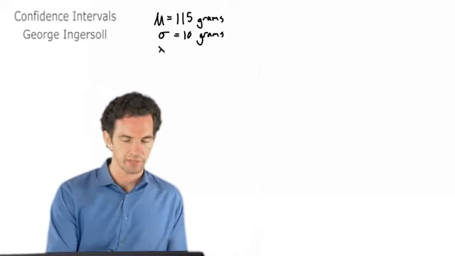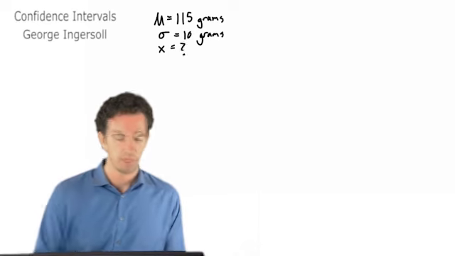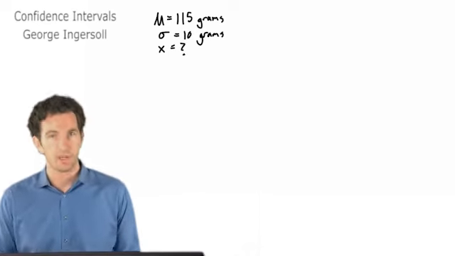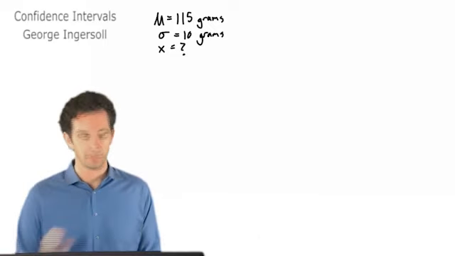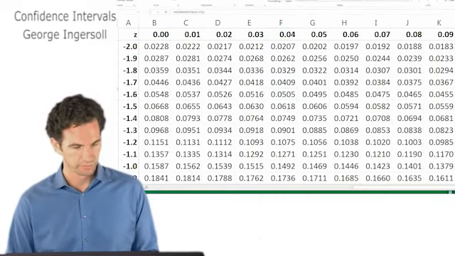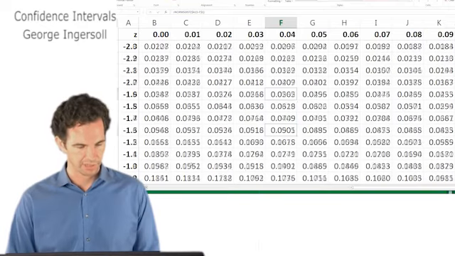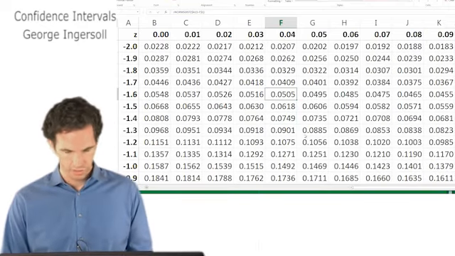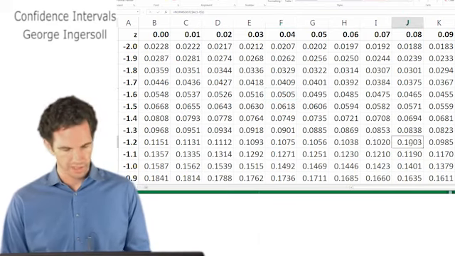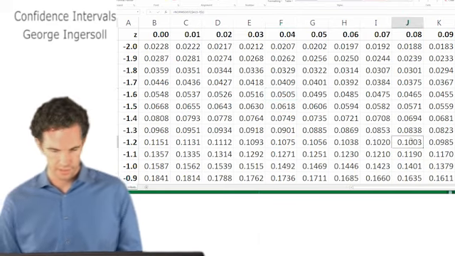We don't know what x is here, but we can figure out a z-score. And let's go ahead and look at the z-score that's going to give us the cutoff at the bottom 10%. So we're going to go find 10% in our table. I think we've already done this, but I've already forgotten what it is. Yeah, it's negative 1.28.